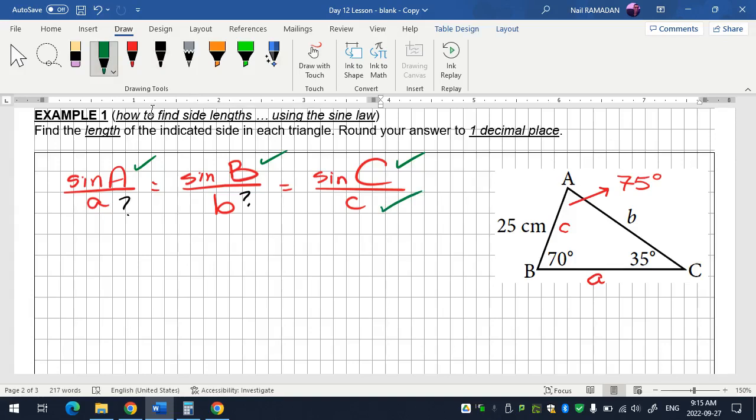However, which one of those two are you going to use with this one? Okay, it doesn't matter, but which side apparently does the question want you to find? They want you to find just the what? They could have asked you to find a or both, but they just want you to find one, which means which one of those two do you not need?